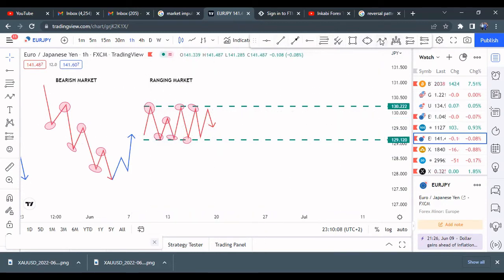So if price from here decides to do this, then we know we're in a downtrend, right?